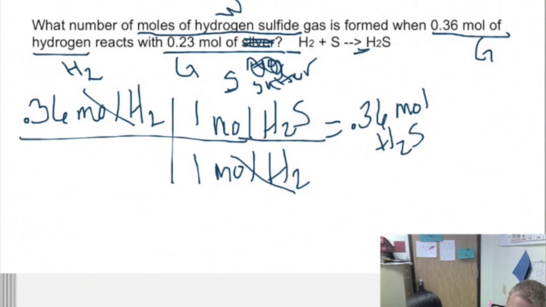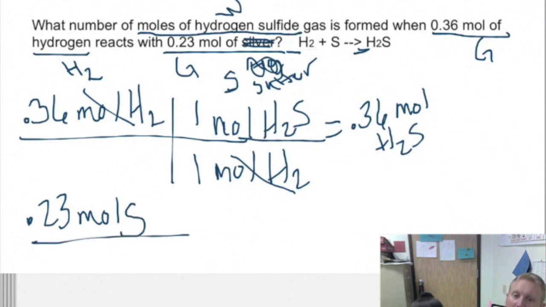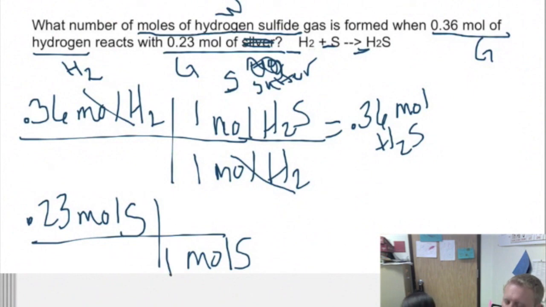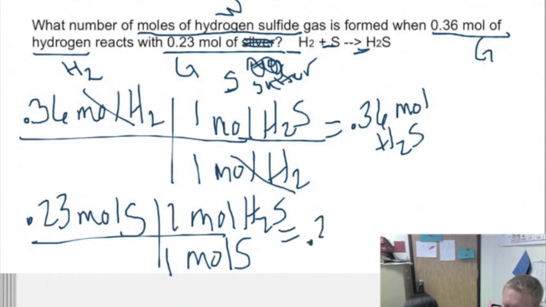Then we have 0.23 moles of sulfur, not silver. Again, there's nothing in front of the sulfur, so we can just put 1, and we're sticking with 1 mole of H2S. So 0.23.